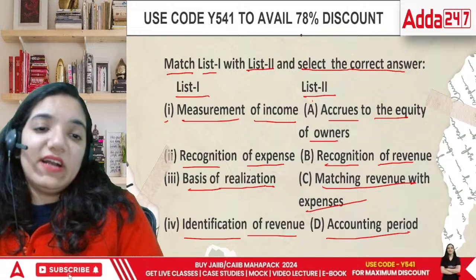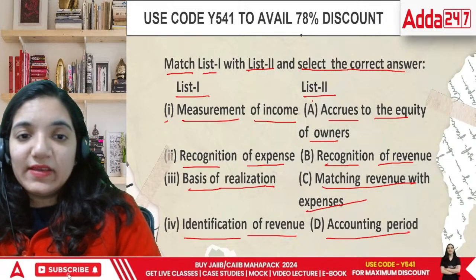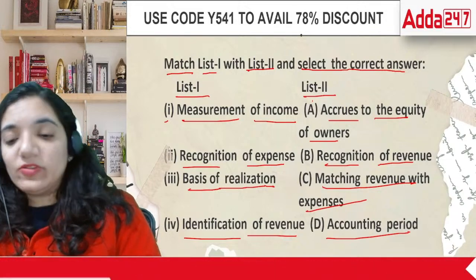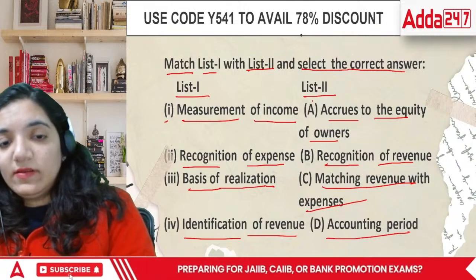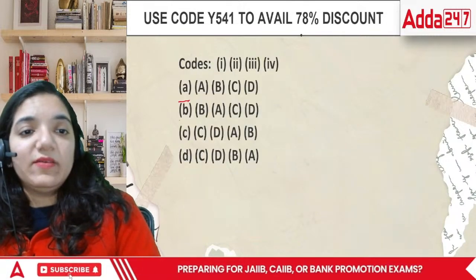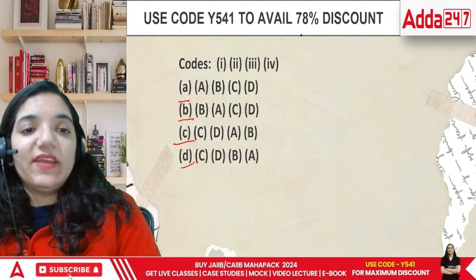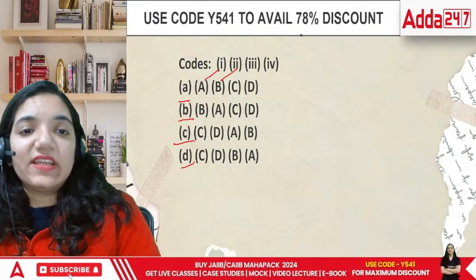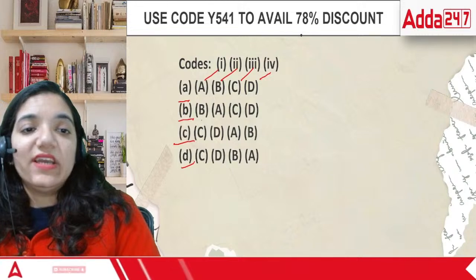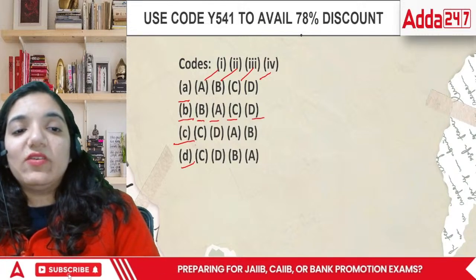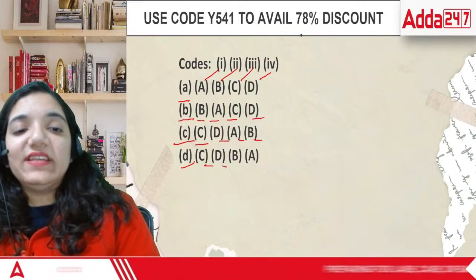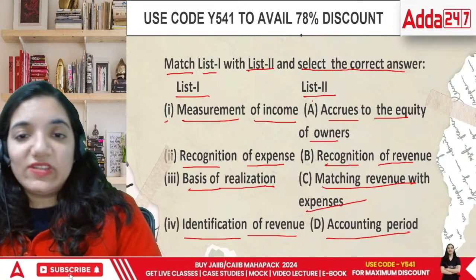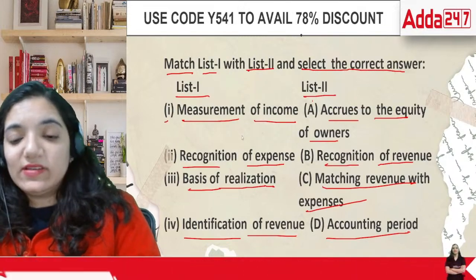What is the correct answer in this case? The options are A, B, C, D; or B, A, C, D; or C, D, A, B; and C, D, B, A. So these are the options, everyone. Have a look at it.